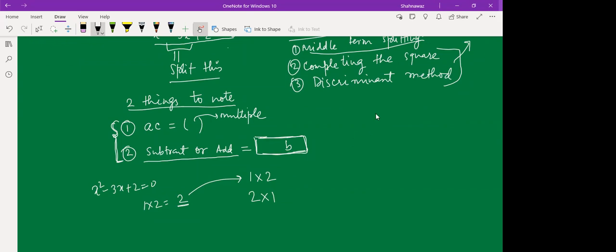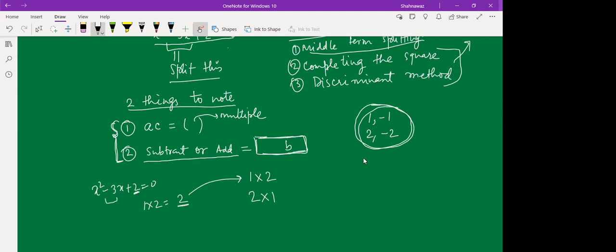So you can take 1, minus 1, 2, minus 2. From these four numbers, you can have so many combinations, right? But when you multiply those two, the answer should be 2. And when you add or subtract, the answer should be -3, right?